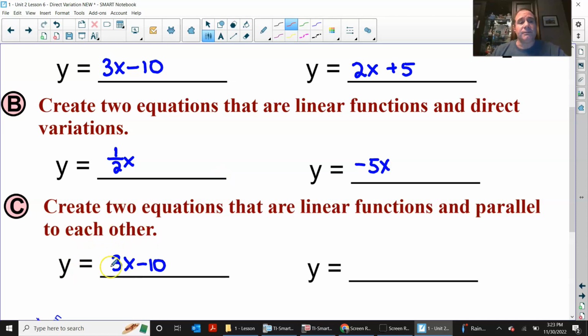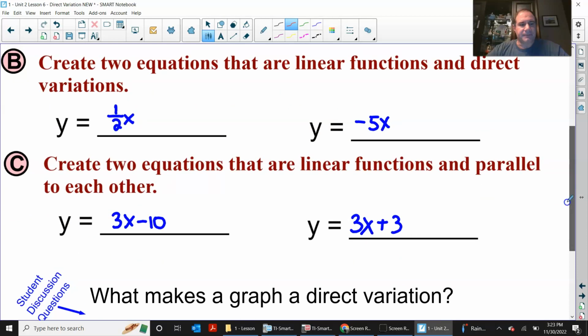So if I put y equals 3x minus 10 down, I would have to put y equals 3x, and I could leave y equals 3x, or I can just put in any y-intercept except for -10. So these lines here are parallel to each other because they have the same slope and different y-intercept. Just remember that, all right? Same slope, different y-intercept. And that is about it there.